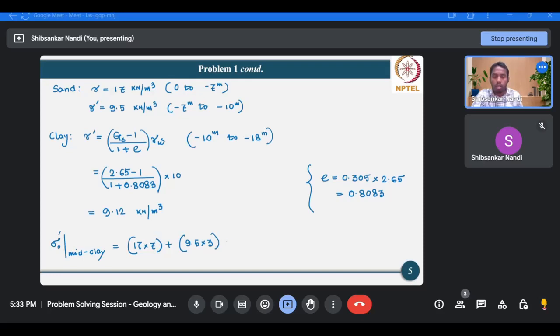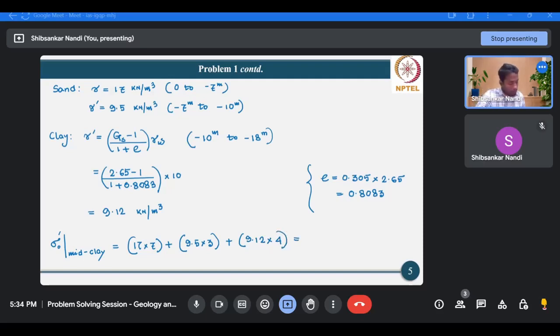The first term is for sand above the water table, the second term is for sand below the water table, and the third term is for the half thickness of the clay that is also below the water table. So 9.12 multiplied by 4.